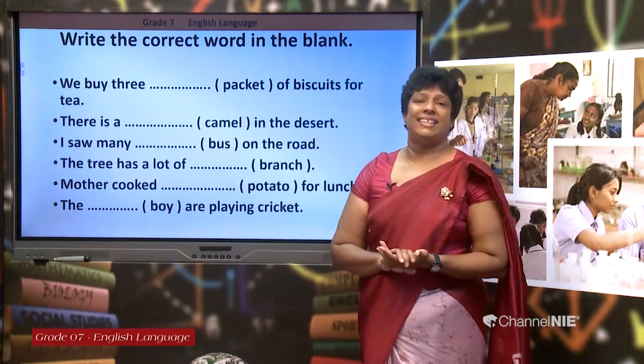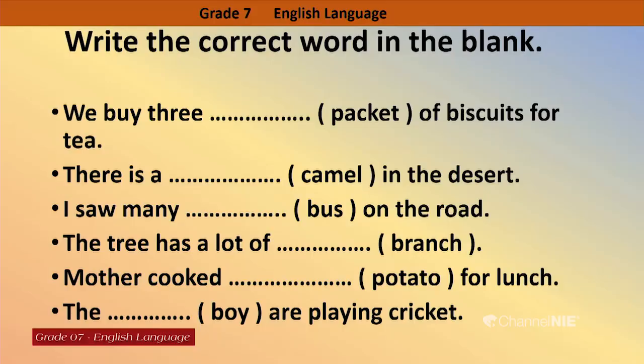Let's read the sentences. We buy 3 blank, within brackets packet, of biscuits for tea. Number 2, there is a blank, within brackets camel, in the desert. I saw many blank, bus, on the road.